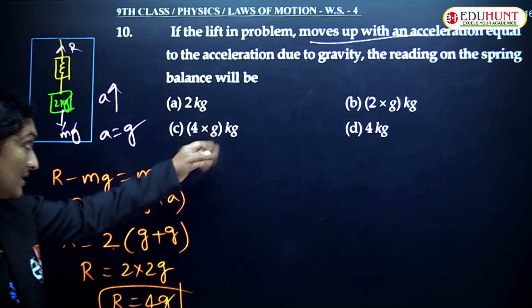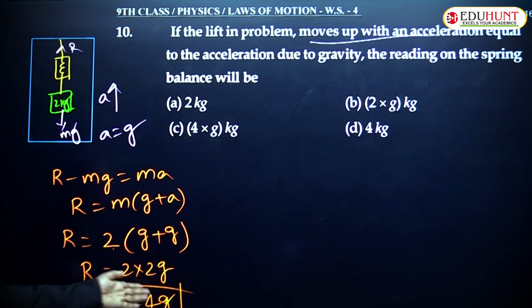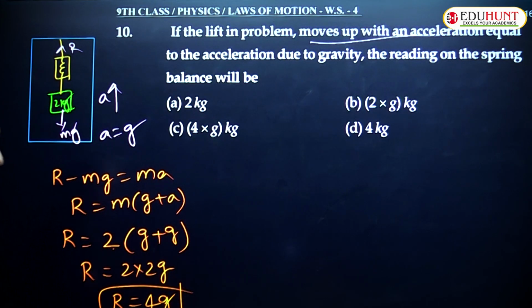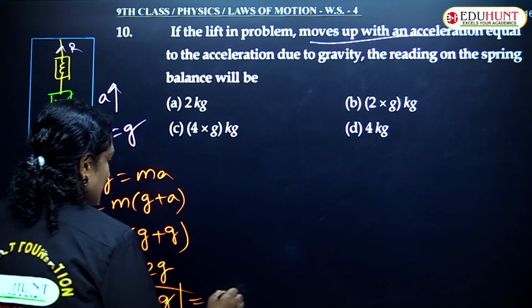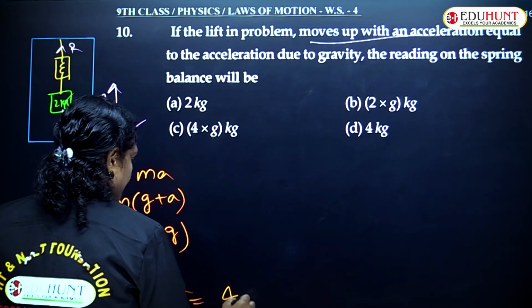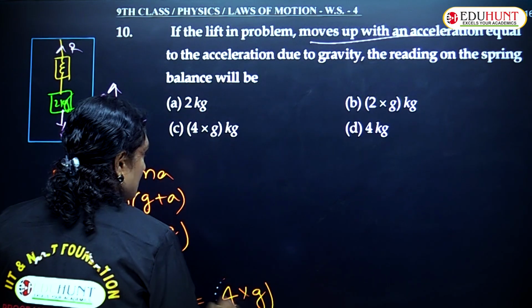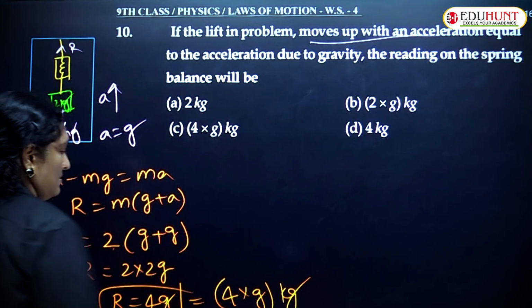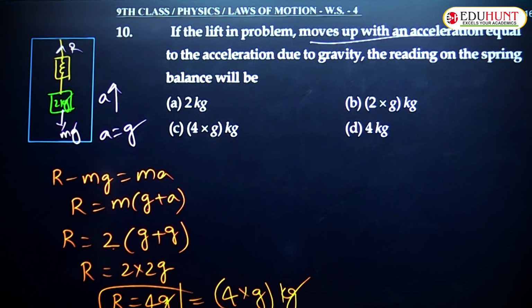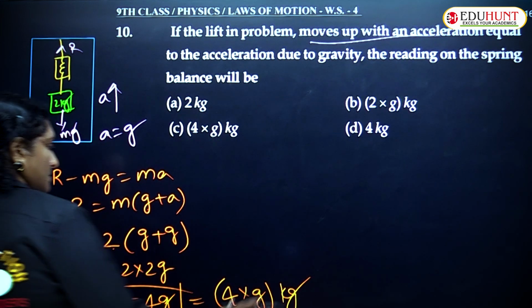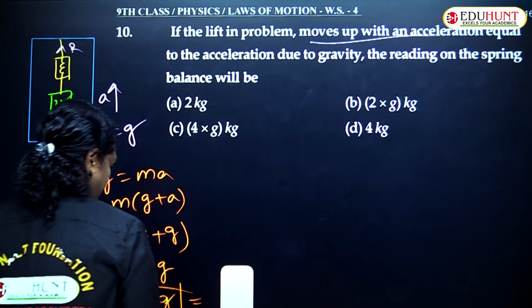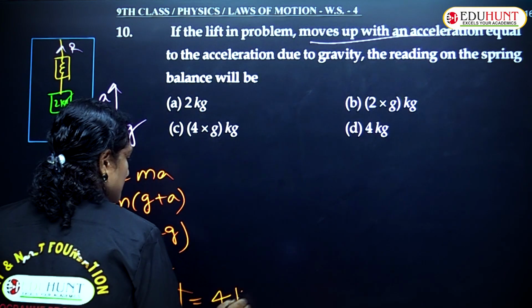If you want to measure in kg, you have to divide this. So, you have to separate this. This can be written as 4 into g kg. Is that okay, children? So, what is that value? So, g itself is taken. Answer is 4 kg.